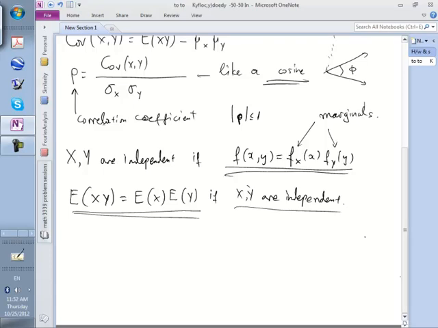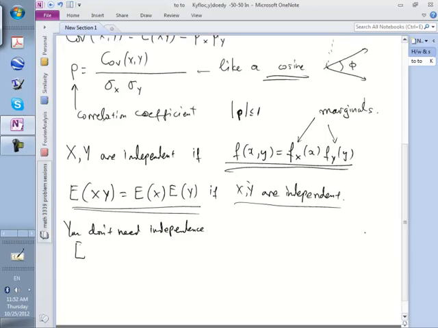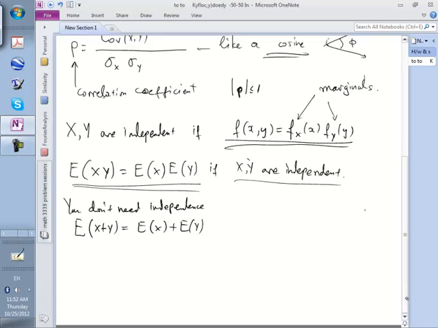Although you don't need independence for another formula, which is that the expected value of X plus Y is equal to the expected value of X plus the expected value of Y. This second formula works always, whereas the first formula requires independence.